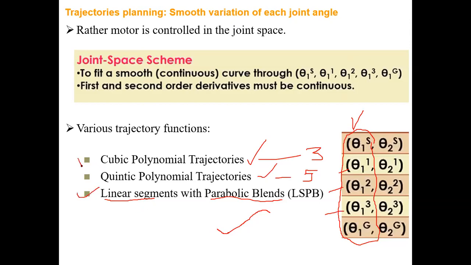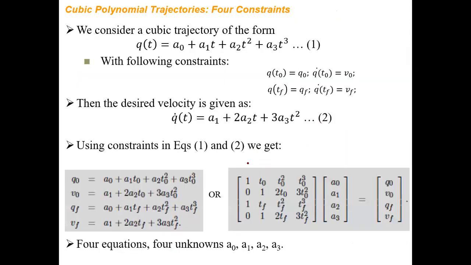So we'll be talking about each of them separately, one at a time. Let me begin with cubic polynomial trajectory. When I say cubic trajectory, we have a cubic polynomial of this form, where q could be d or theta, depending on what kind of joint you have.